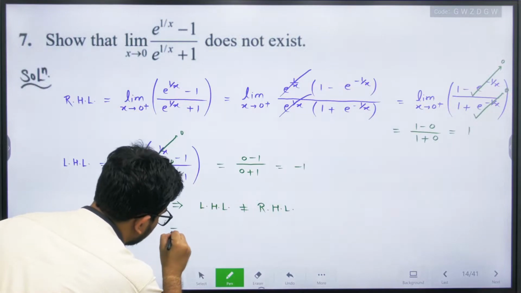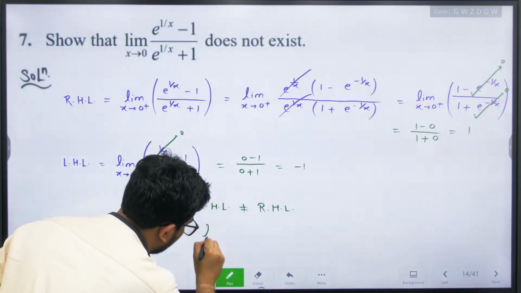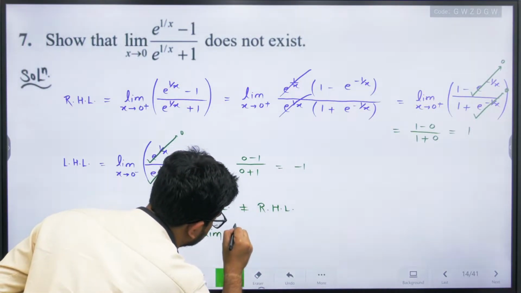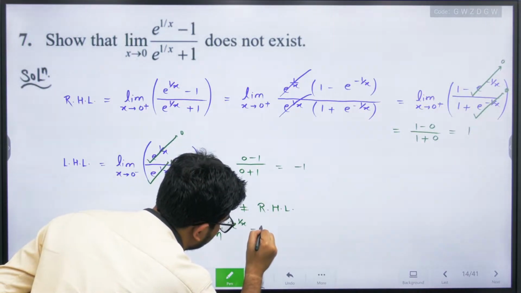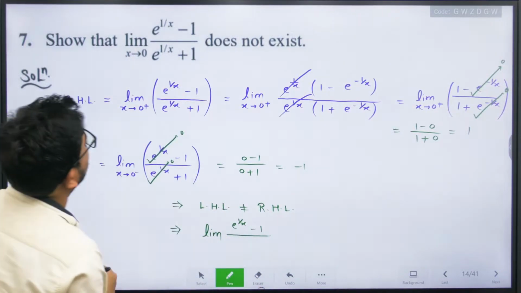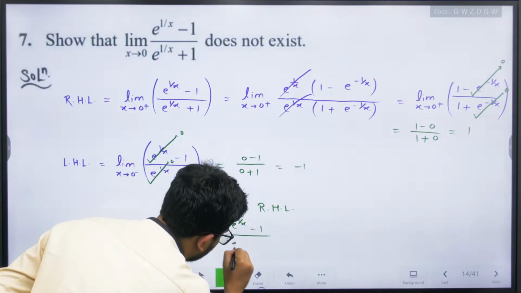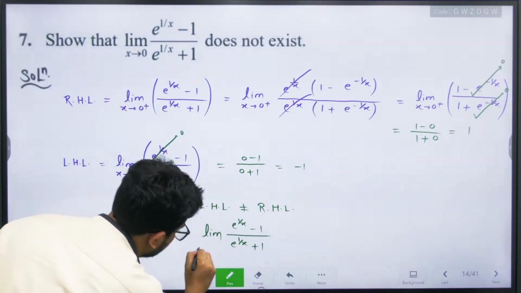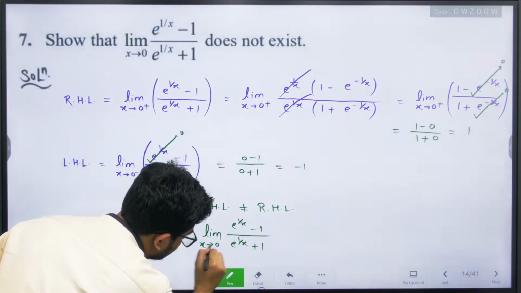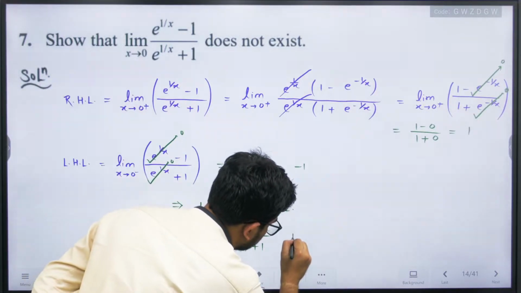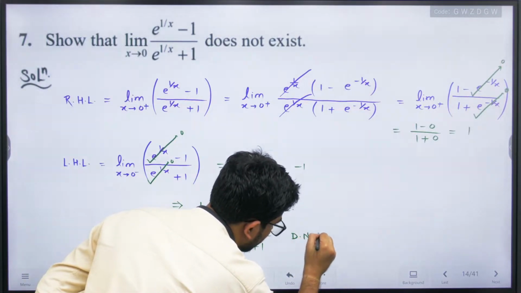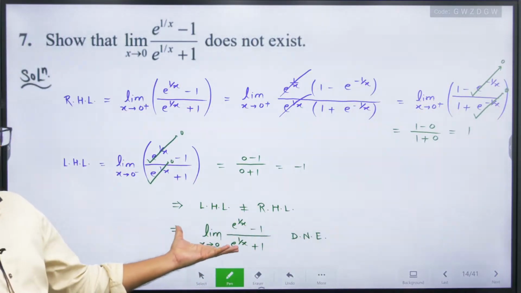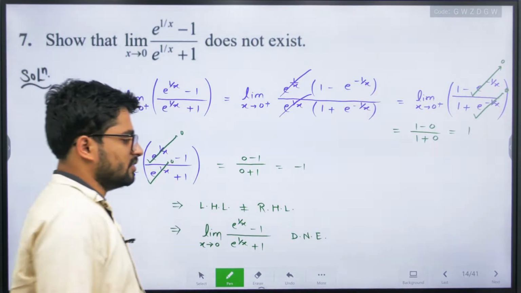Okay, so from here you can say the limit of (e power 1 by x minus 1) upon (e power 1 by x plus 1) as x tends to 0 does not exist, DNE. Okay, so that's the proof for question number 7.